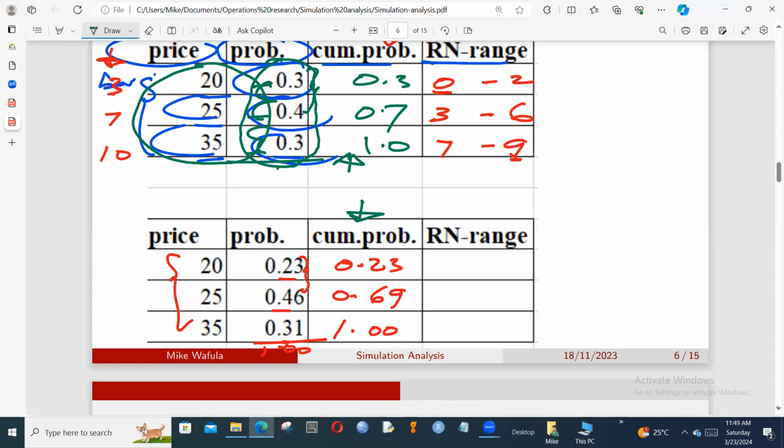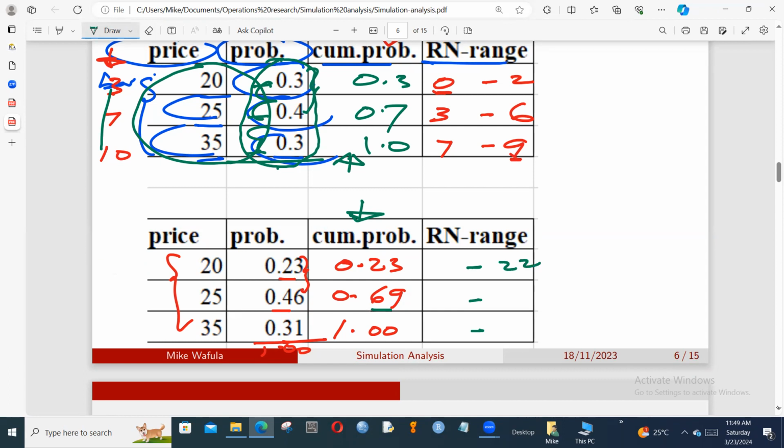And so we said that for you to compute the range of the random numbers, we begin by assuming that the cumulative probabilities are whole numbers. So we assume that this is actually now 23. Let's assume this is 23, and therefore the upper limit, you less 1, 22.